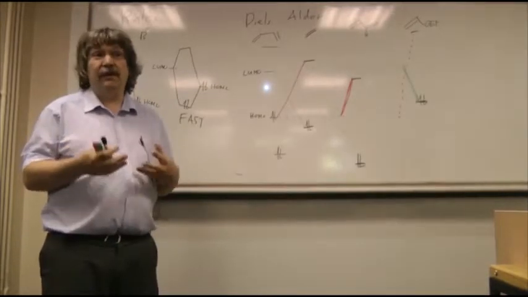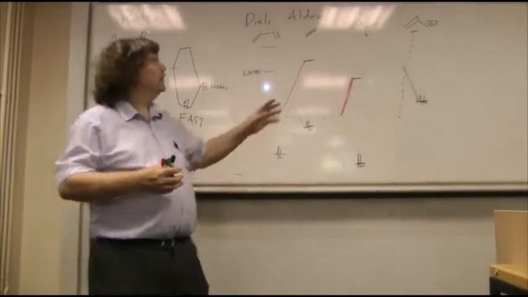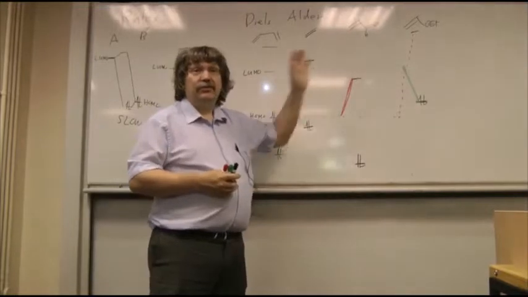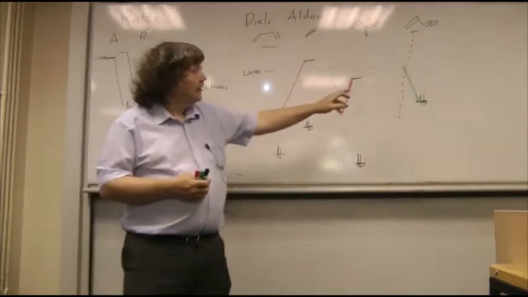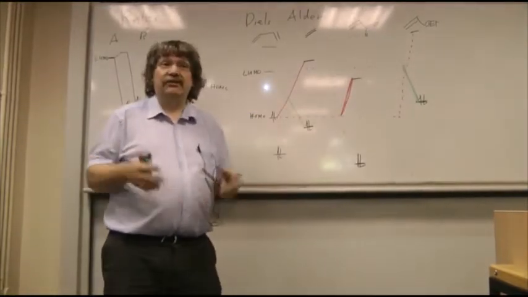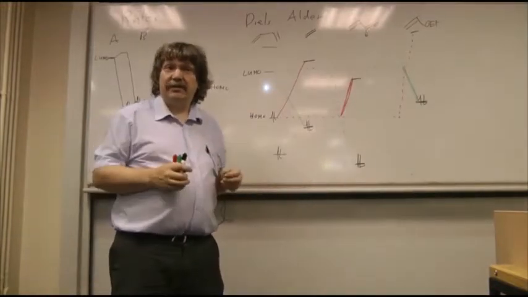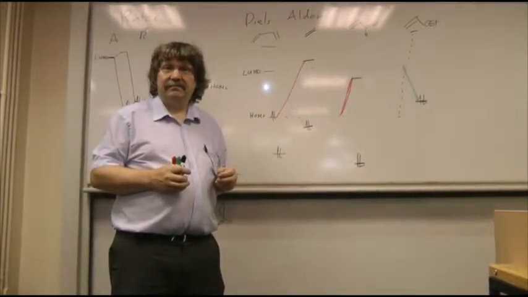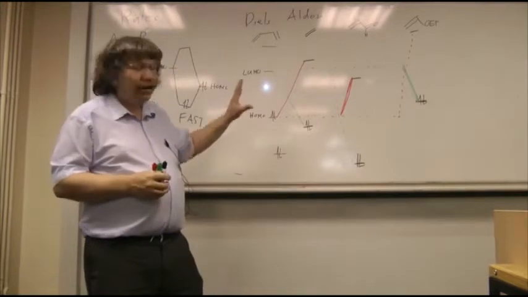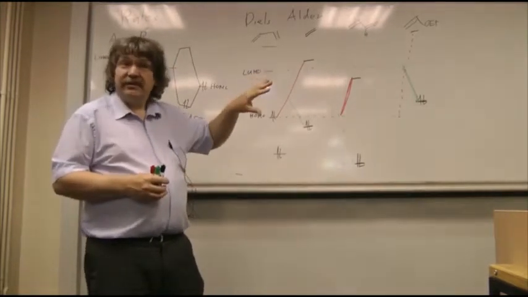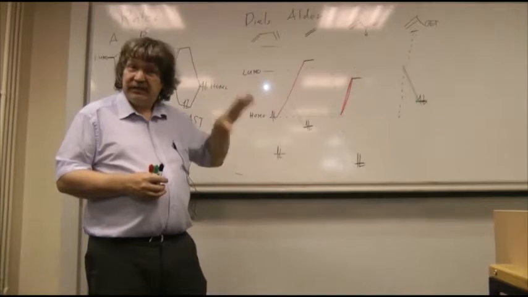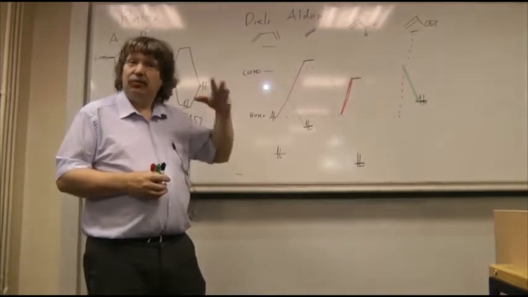In one case, it's fast because you get good transfer from the diene to the alkene. And in the other case, it's because you get a charge transfer from the alkene to the diene. But overall, that's how you consider the rates of not just Diels-Alder reactions, but to be honest, pretty much all reactions.